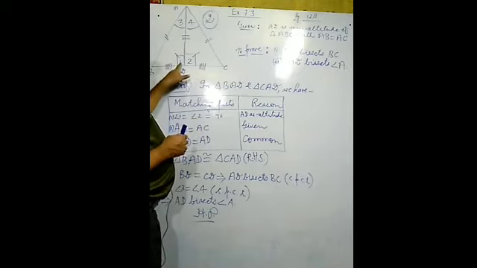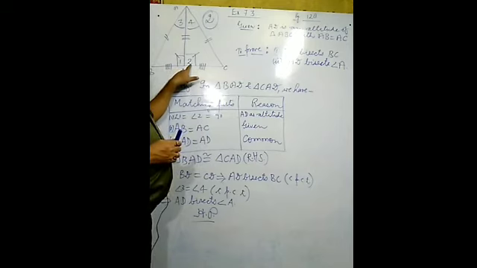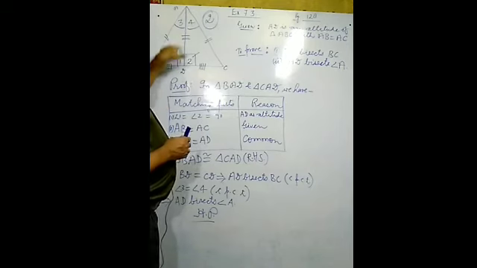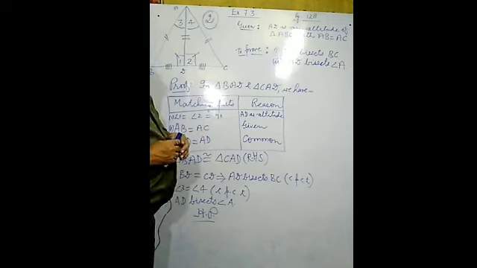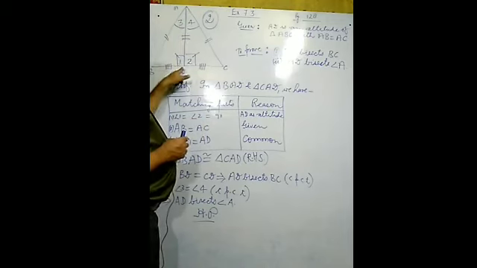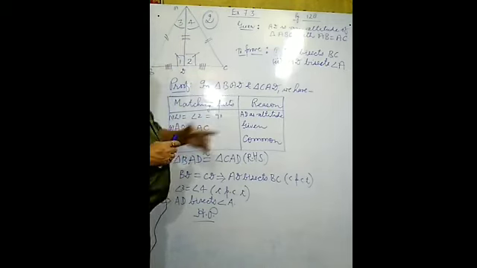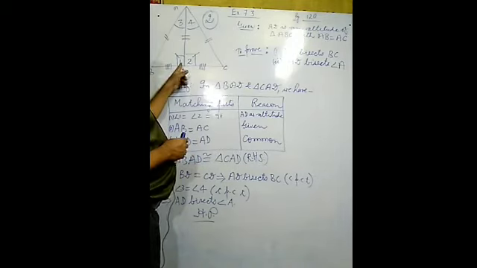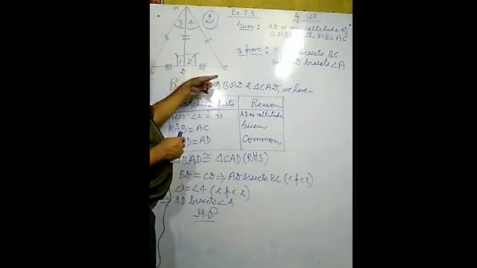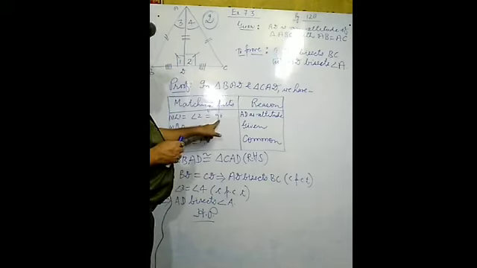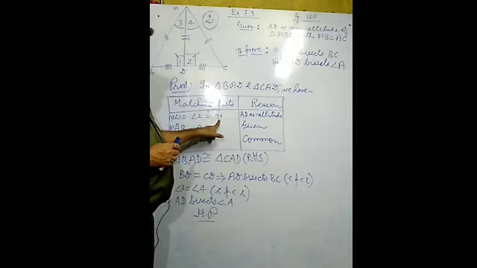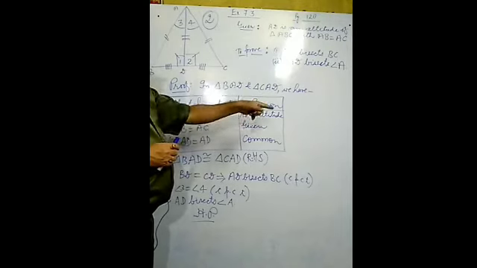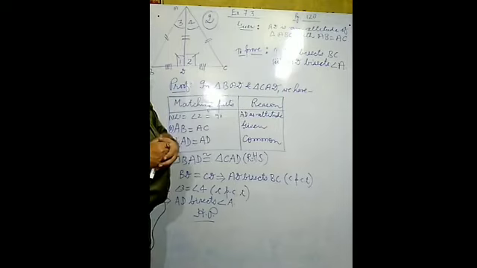Ultimately angle 1 and angle 2 both will be equal to 90 degrees, because an altitude is a line segment joining a vertex and perpendicular to the opposite side. So AD perpendicular to BC means angle 1 equals angle 2 equals 90 degrees. This is the first matching part, as AD is an altitude.